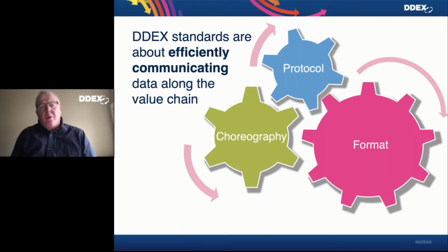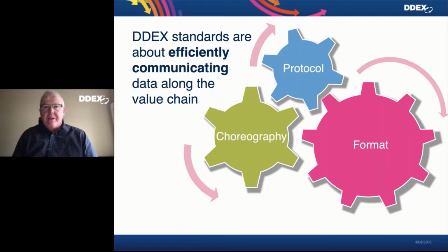We then also set down choreographies within some of these standards, and basically that is about what order the messages should be exchanged between two business partners for a particular type of business transaction, and we'll set down trigger points which determine that a message should be sent or received. And then finally, we set out the protocols by which the messages are actually exchanged.